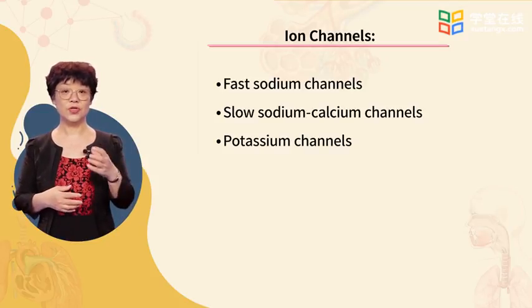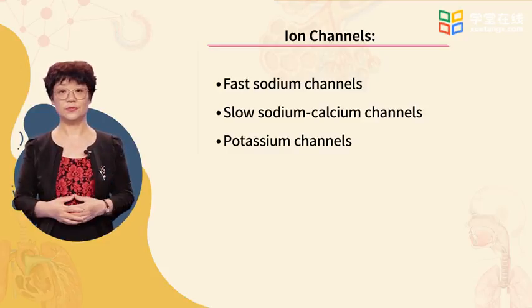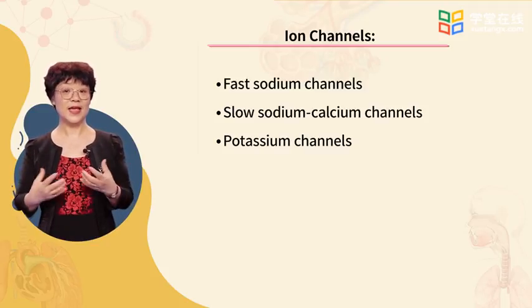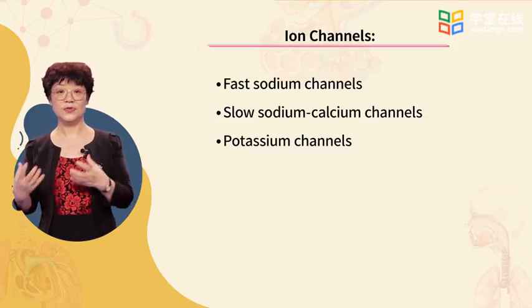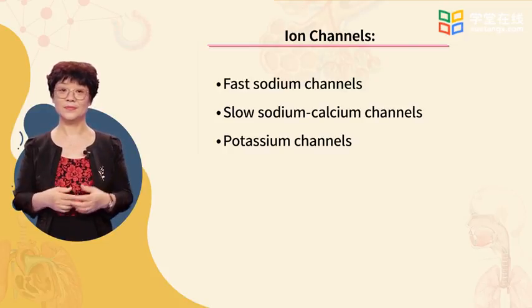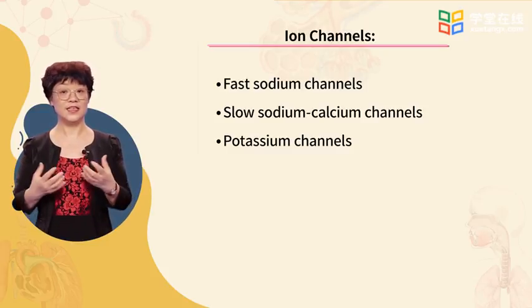The slow sodium-calcium channels contribute to the plateau of the ventricular action potential. Finally, potassium channels bring about repolarization and return the membrane potential to its resting level. So next time, we'll discuss cardiac conductivity in detail.